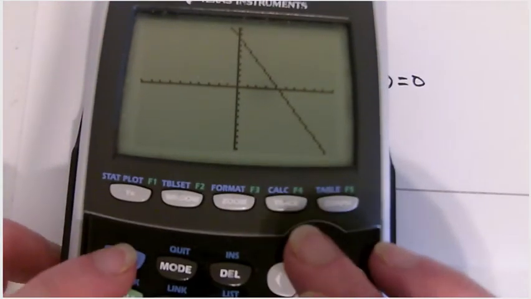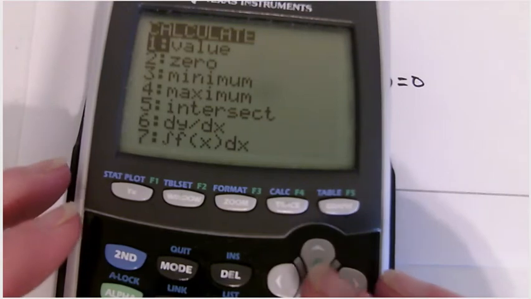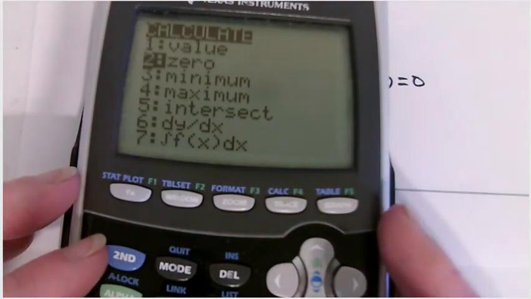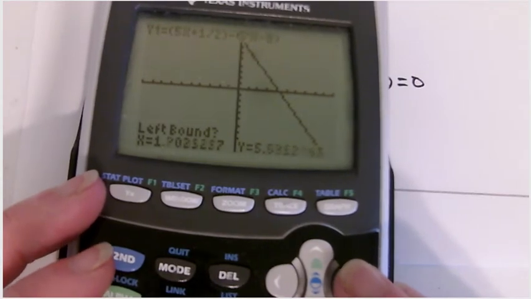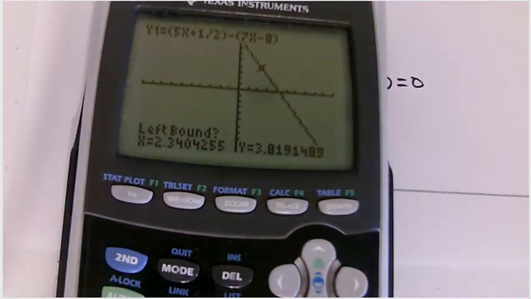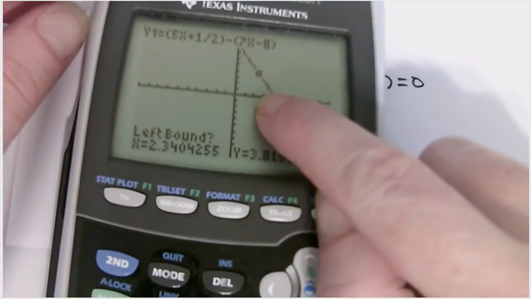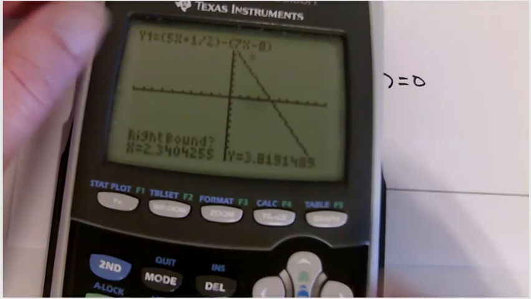So I'm going to press second calc, and the second option is 0. And when it asks for left bound and right bound, we're being asked to narrow down the calculator. So right now, my little cursor is on the left side of that 0. So I'm going to press enter.